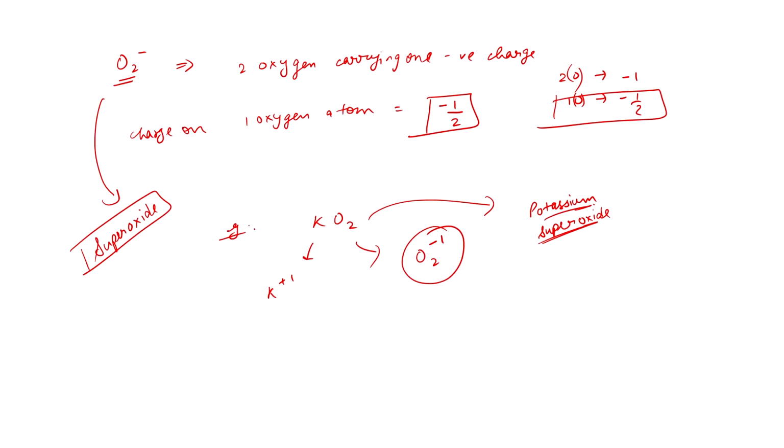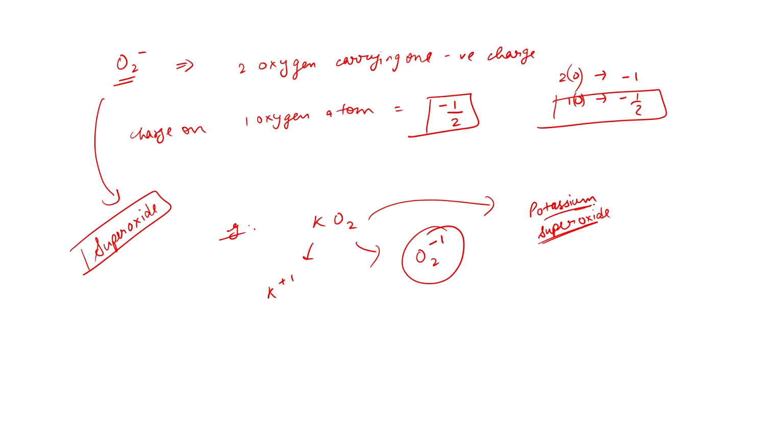The third case is O2 minus. Oxide, 1 oxygen carrying 2 minus charge; peroxide, 2 oxygen carrying 2 minus charge; superoxide, that is 2 oxygens carrying a charge of minus 1. That means the total charge on 1 oxygen atom will be minus 1 by 2, and these types of species are called superoxide. One of the examples of this species is KO2, potassium superoxide.